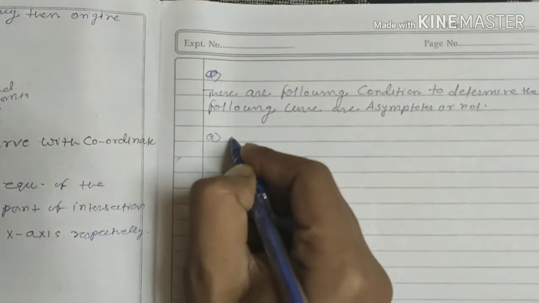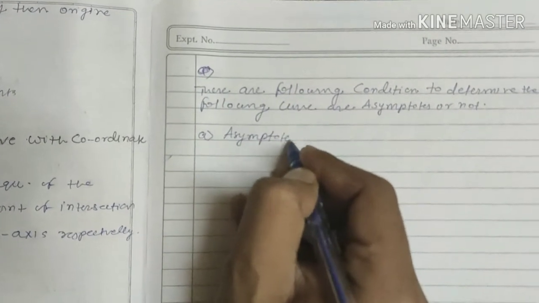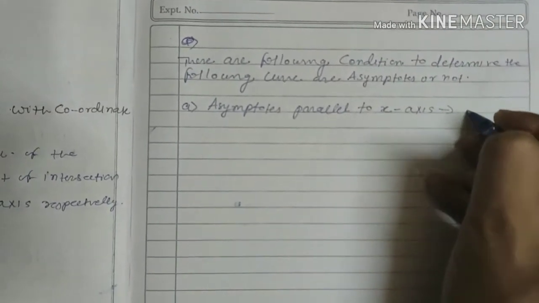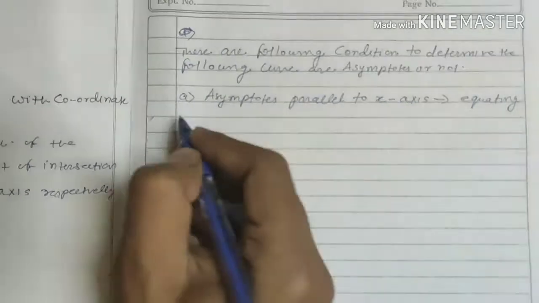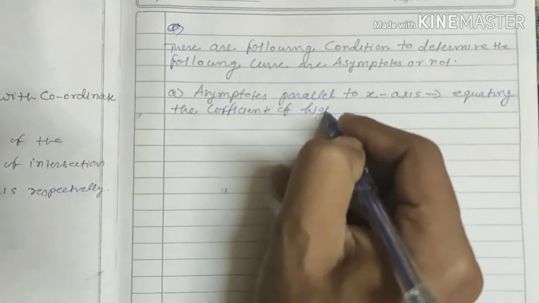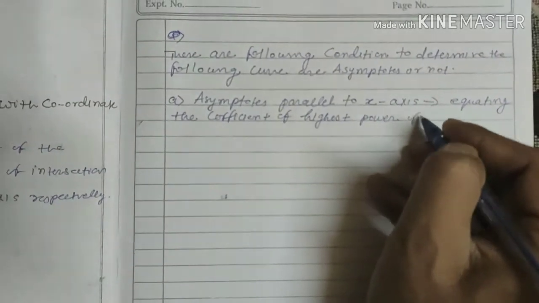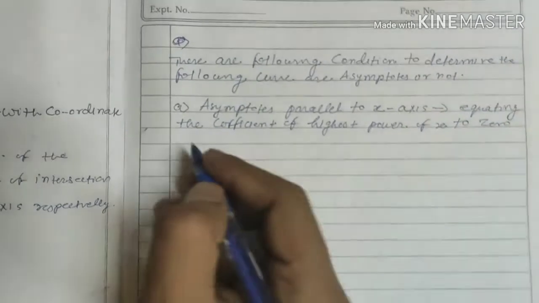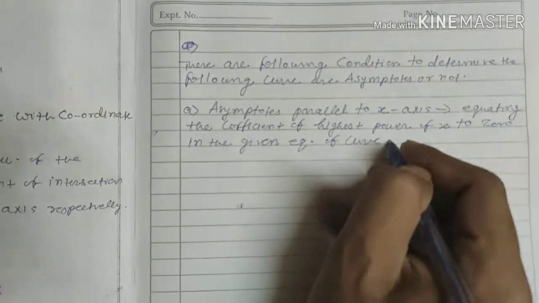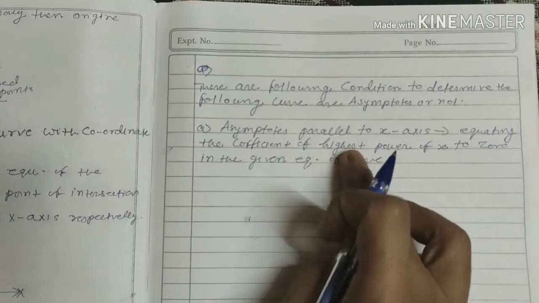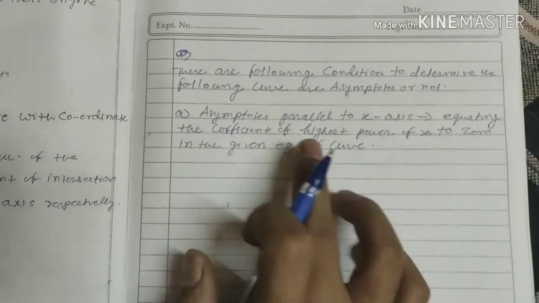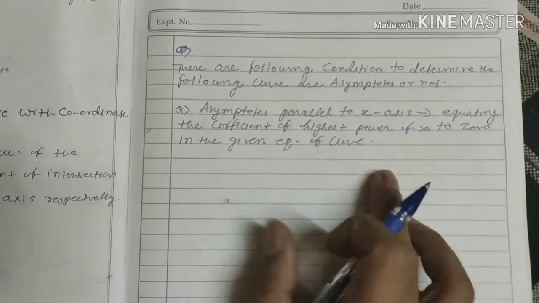The first condition is asymptotes parallel to the x-axis, that is, equating the coefficient of the highest power of x to 0 in the given equation of the curve. This says that for asymptotes parallel to the x-axis, the straight lines are parallel to the x-axis, found by equating the coefficient of the highest power of x to 0 in the given equation of the curve.